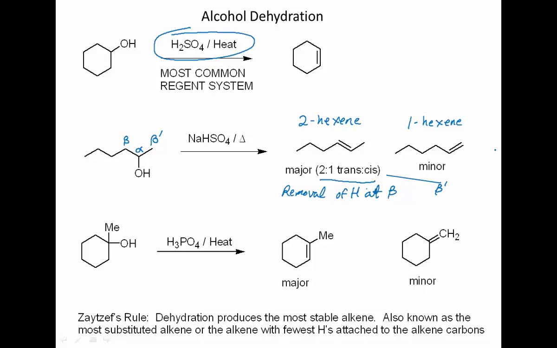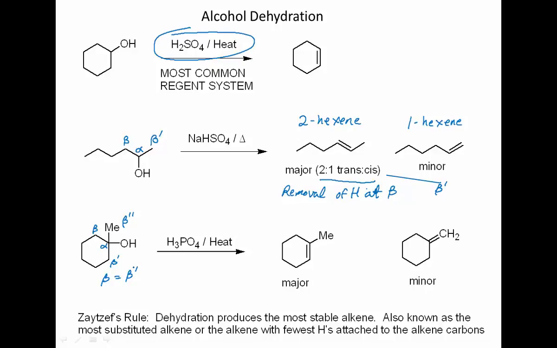Let's look at the bottom one. The bottom one's also unsymmetrical. Here, there's a tertiary alcohol. You have the alpha position. I have beta, beta prime, and beta double prime, but beta and beta prime are equal to each other.